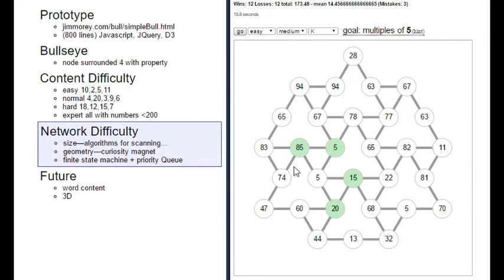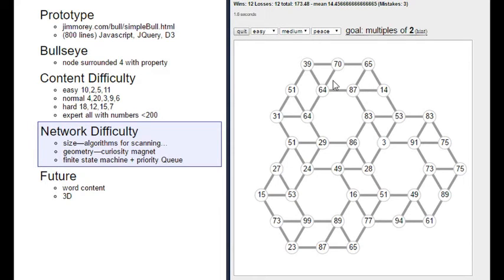Similarly, my favorite is the peace local geometry. Here, the peace symbol has 6 different possible orientations, and you can see as you walk around, you get 6 orientations. In this case, we're looking for even numbers.